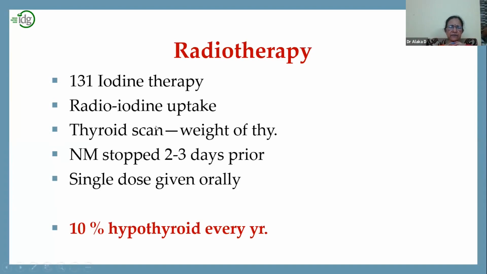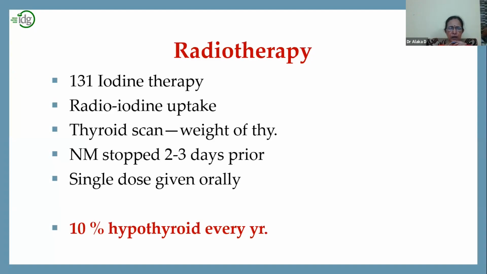Radioactive iodine is given. We do radioiodine uptake. We do the thyroid scan by which we calculate the weight of the thyroid, and then we have to give a radioactive iodine. Now, if the patient is already on neomercazole, this iodine will not be concentrated by the thyroid. And if it is not concentrated, the thyroid will not be destroyed by the beta rays.